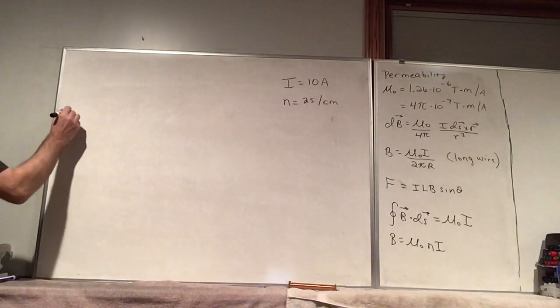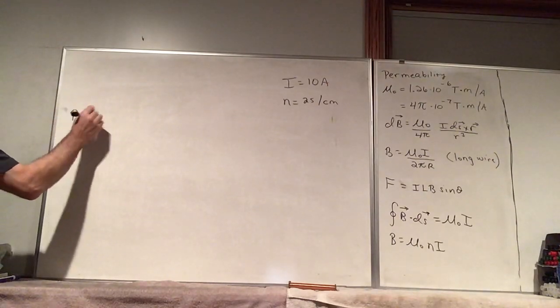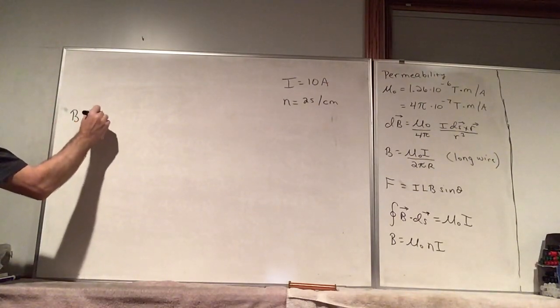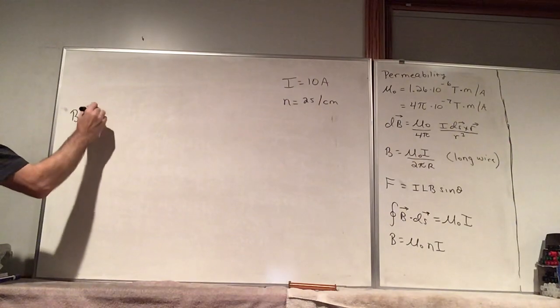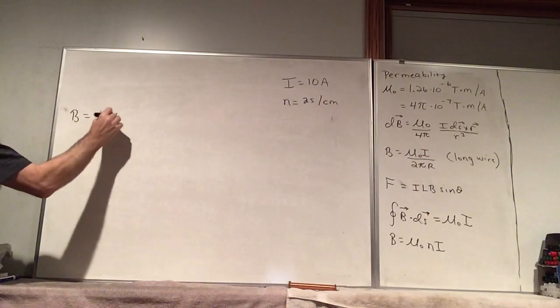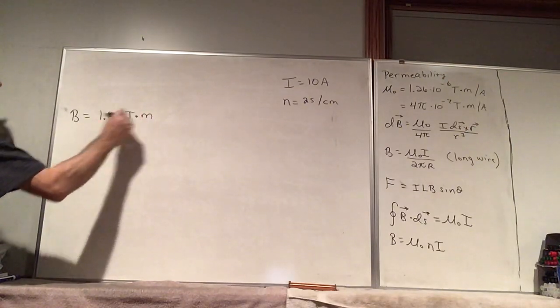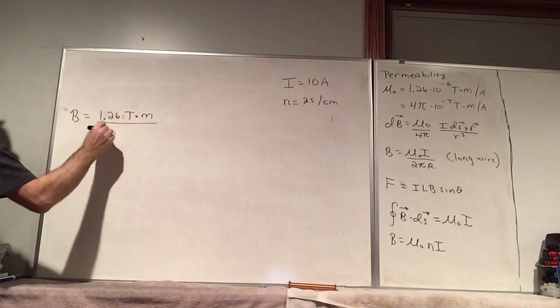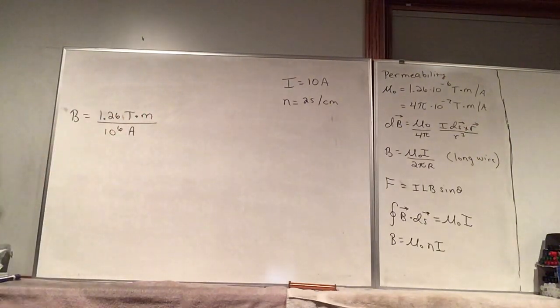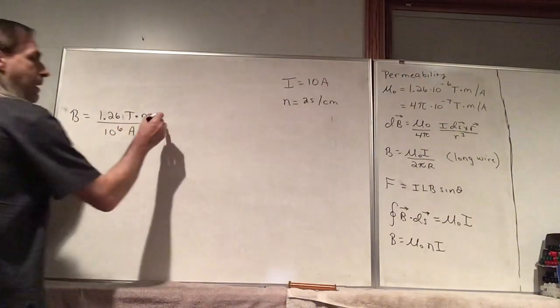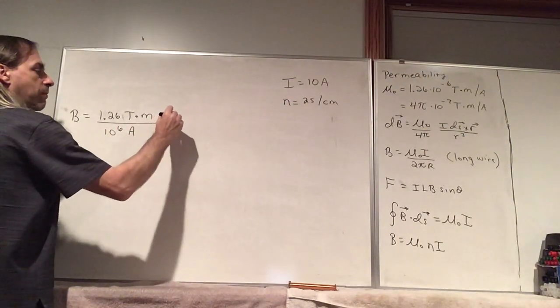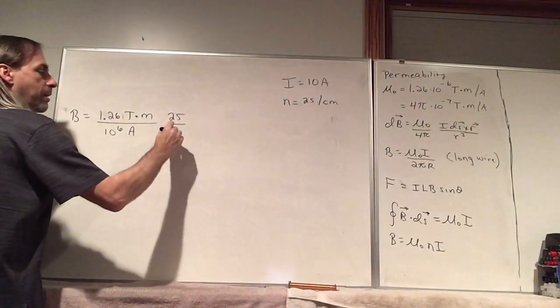It's a kind of trivial calculation. So we have mu naught, 1.26 times 10 to the minus 6 Tesla meters per amp. n is 25 per centimeter.